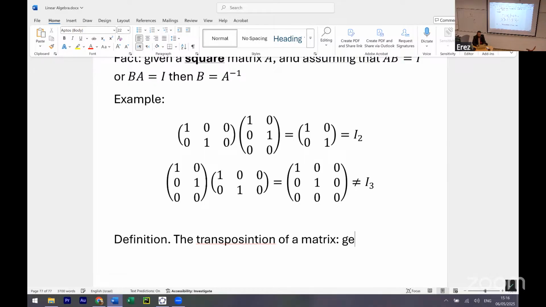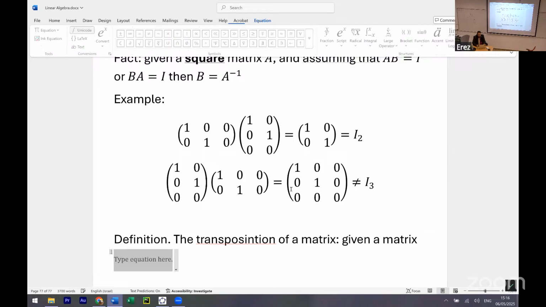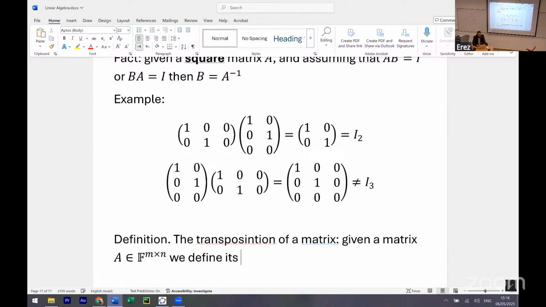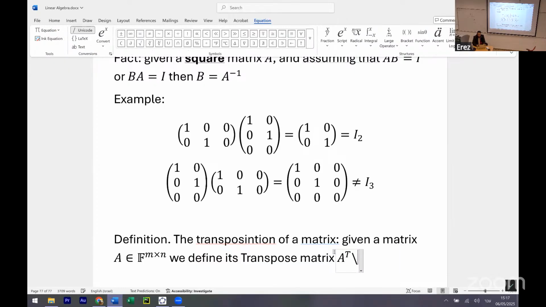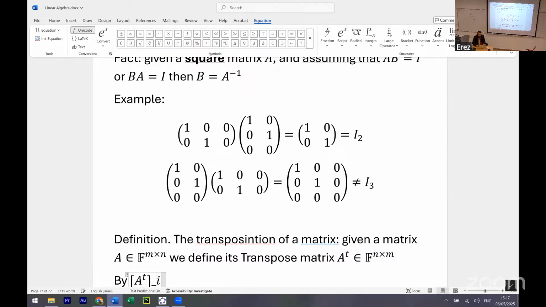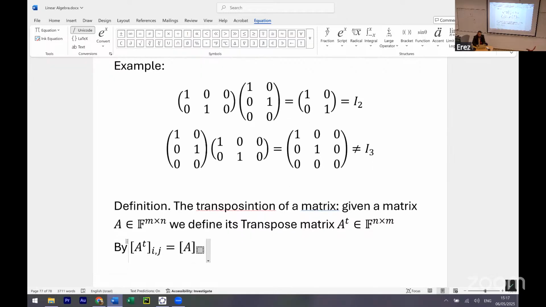Given a matrix A of size m by n, we define its transpose matrix A T to be a matrix of size, I don't know if a capital T or small t, I usually write small t, and to be a matrix of the size n by m, where A transpose in the place ij is simply the original A at the place ji.